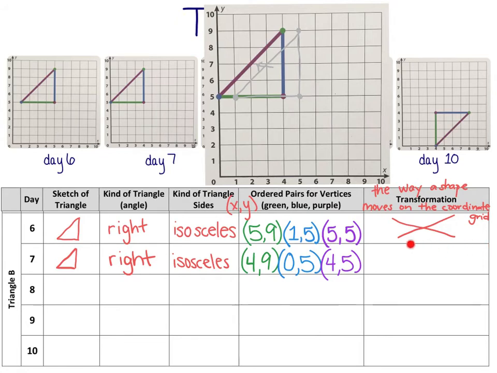So in our transformation box, we are going to say that it translates, and each of the dots moves from here to here. That is 1 unit. From here to here is 1 unit. From here to here is 1 unit. So it went left, translates left, 1 unit. Go ahead, pause the video and write that down.